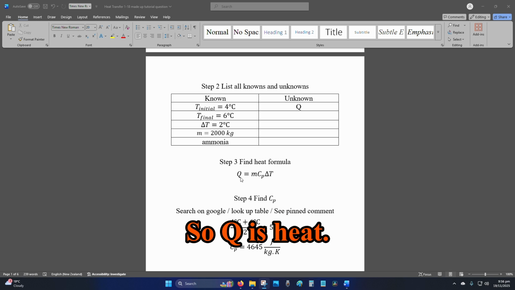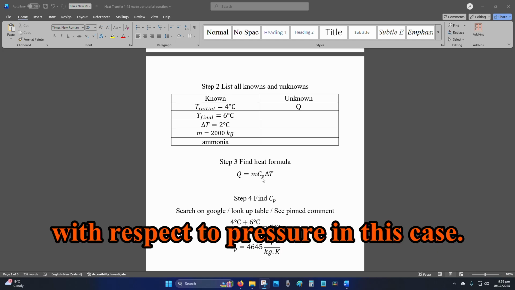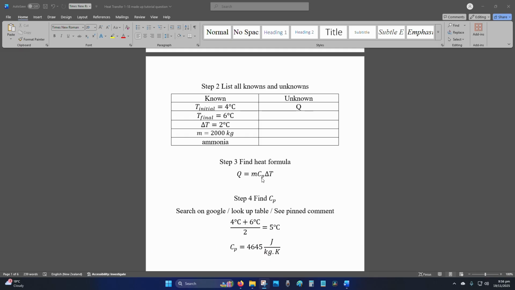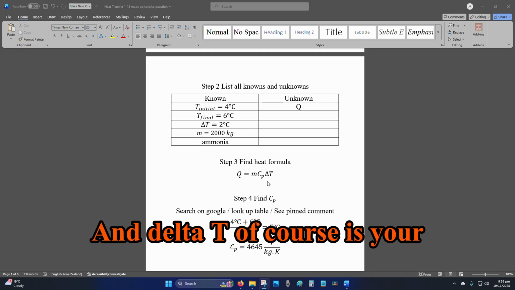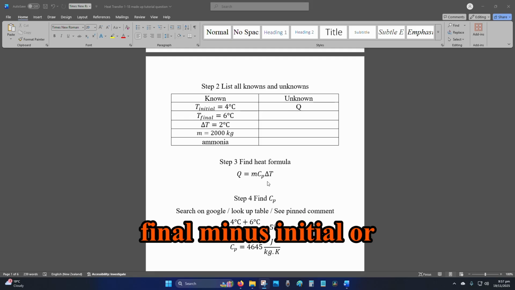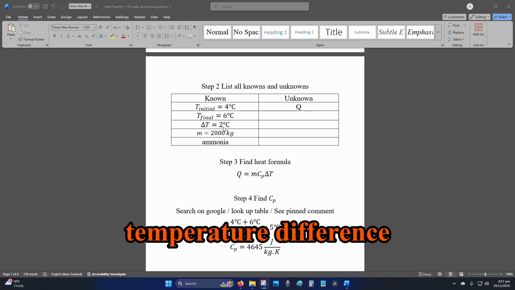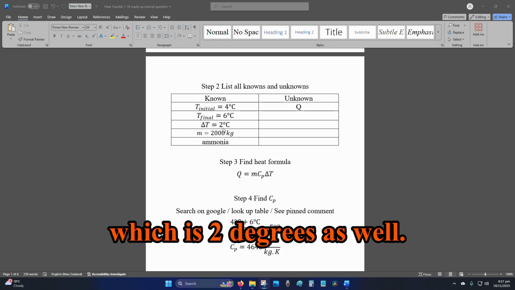So Q is heat, m is mass, Cp is your specific heat capacity with respect to pressure in this case, and delta T of course is your final minus initial, or in this specific case, they give us the temperature difference, which is 2 degrees as well.